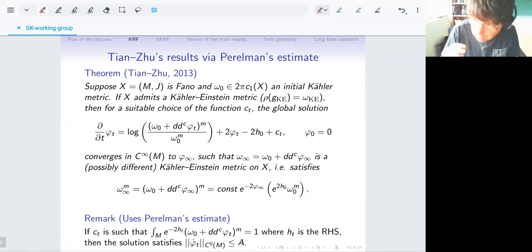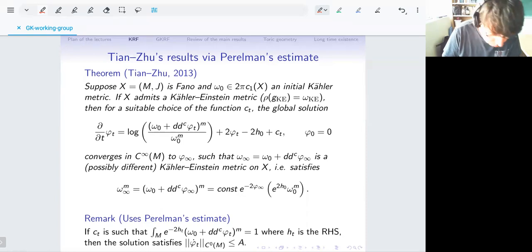Actually, the key new event which allowed this result to be established is the so-called Perelman's estimate. What Perelman's estimate means is that Perelman showed you can normalize the constant Ct in such a way that phi dot t will be time independent, uniformly bounded.